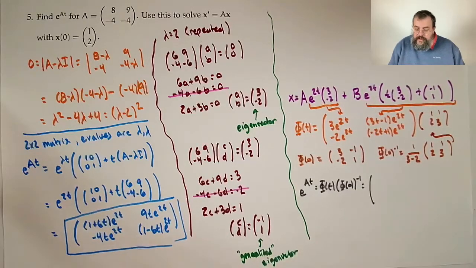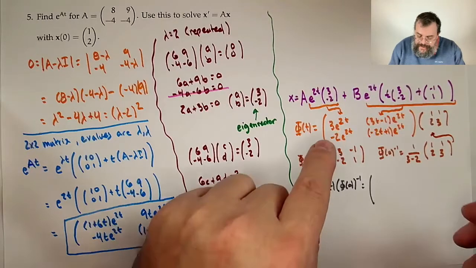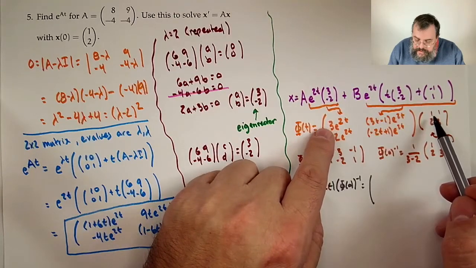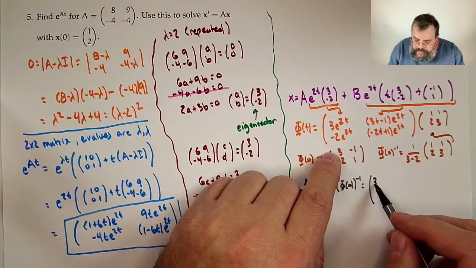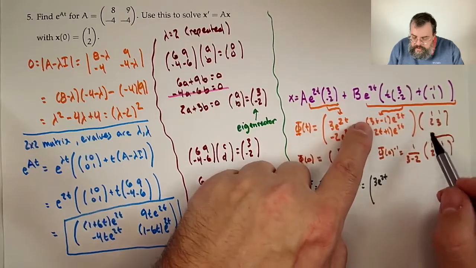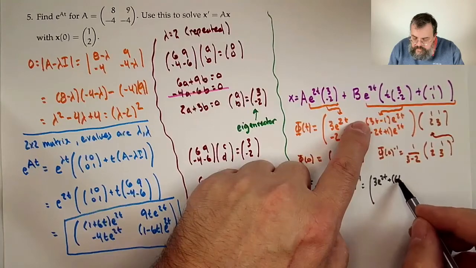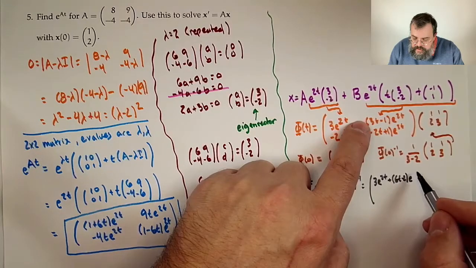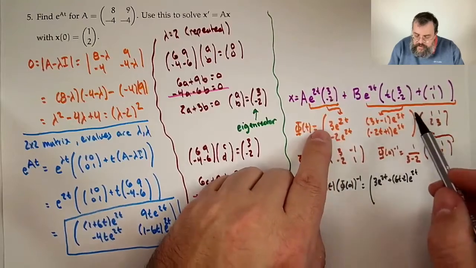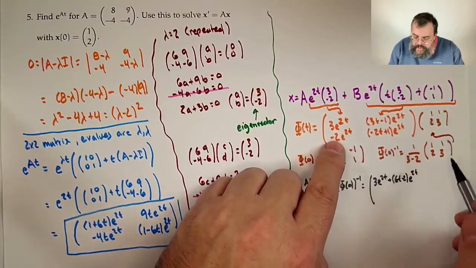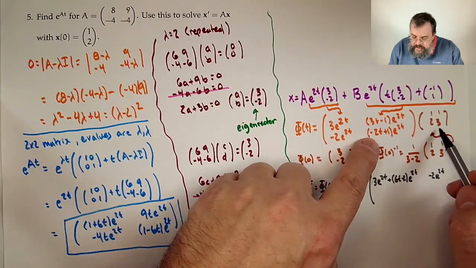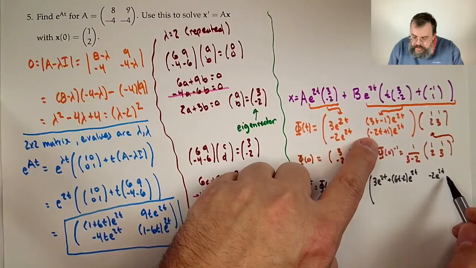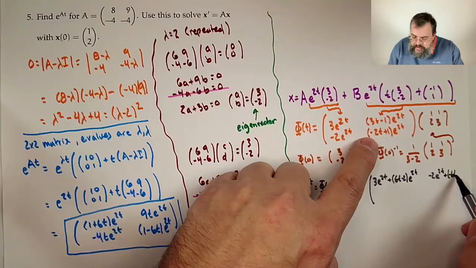All right, so here's the computation. Be patient here. We get 3e to the 2t plus 2 times this. So 3e to the 2t and then plus 6t minus 2 e to the 2t. And then minus 2 e to the 2t plus 3 times, so that would be plus minus 6t plus 3 e to the 2t.